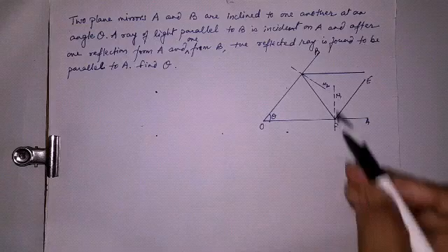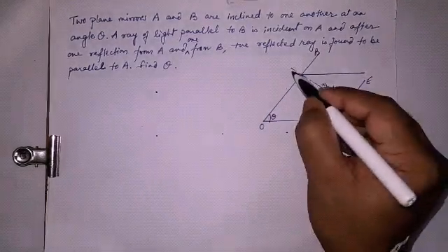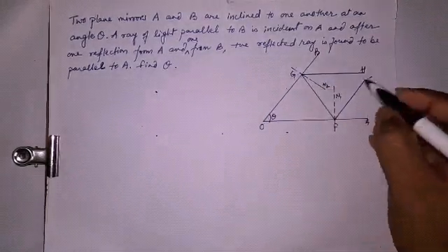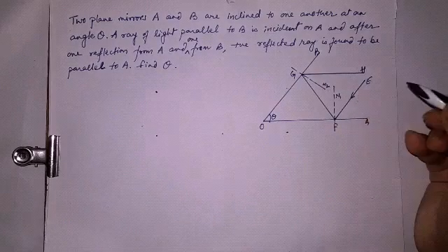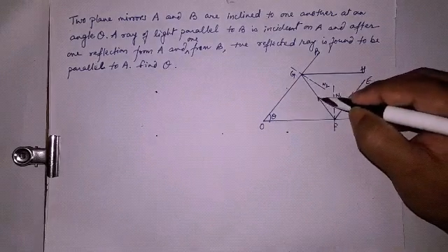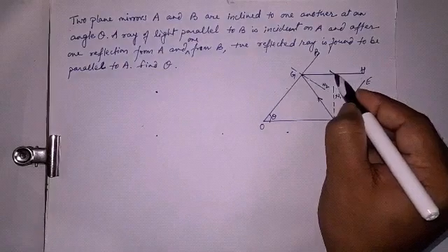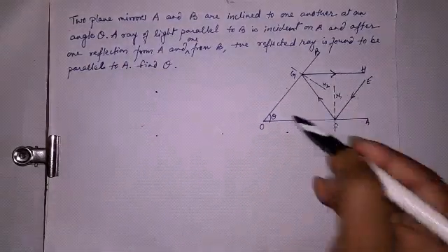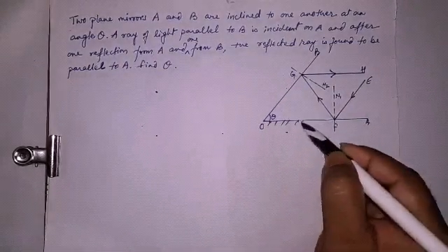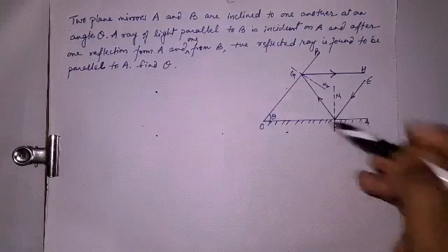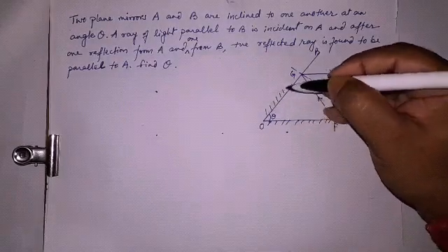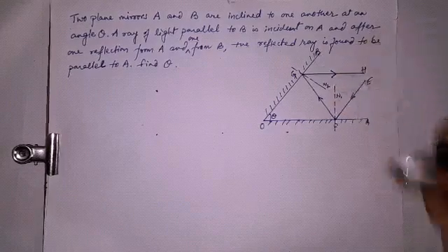And finally, the final reflection, let us name as G and H. So the ray is coming this side. After hitting, it is going this way, and then it is going this way. This is the mirror A, and this is the mirror B.